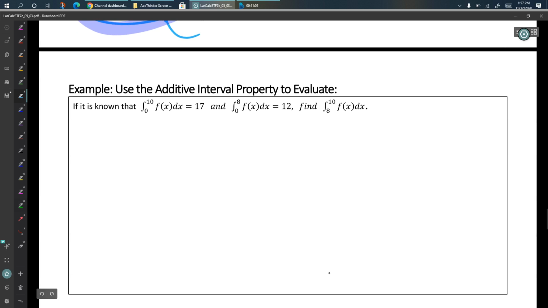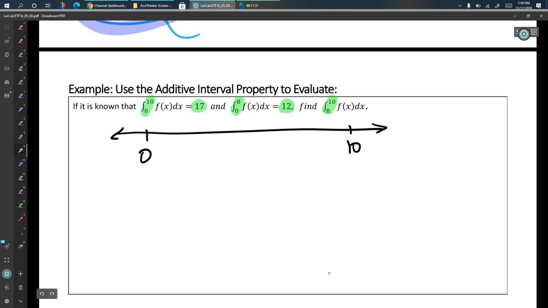My job is to take an integral from 0 to 10 that's worth 17, take the same integrand from 0 to 8, know that it's worth 12, and find the value from 8 to 10. Well, if I think of this as like a number line, here's 0, here's 10, and then I got 8 here.